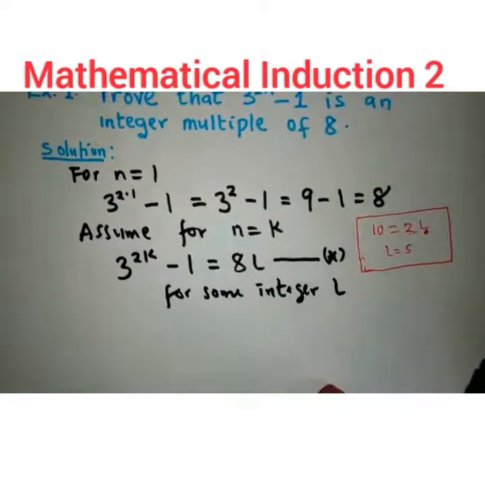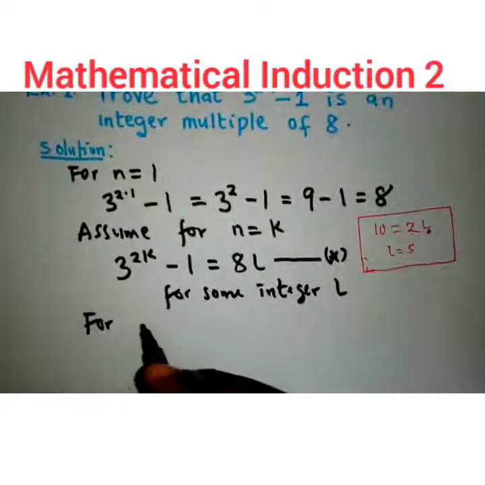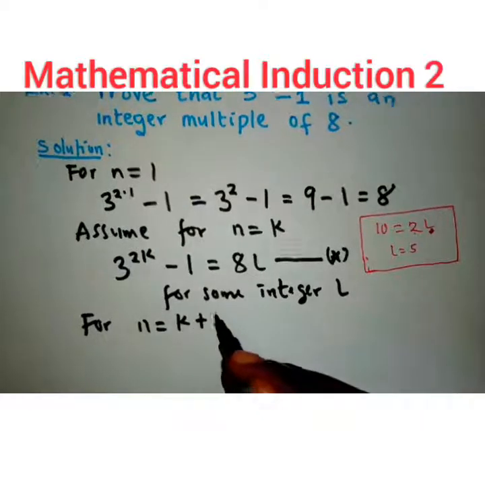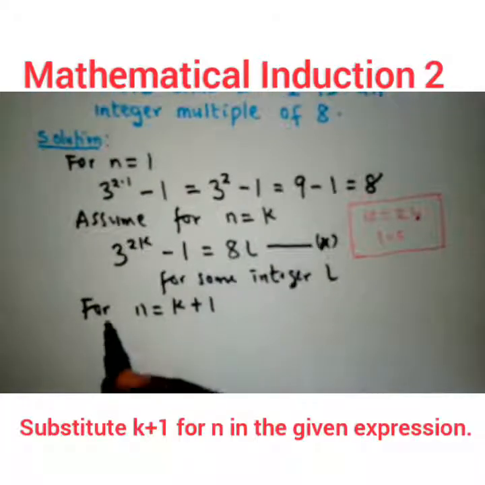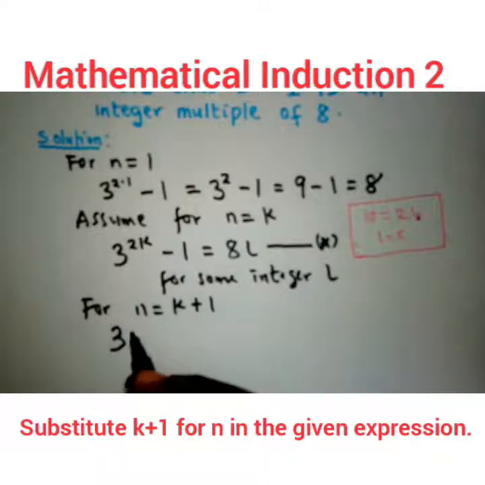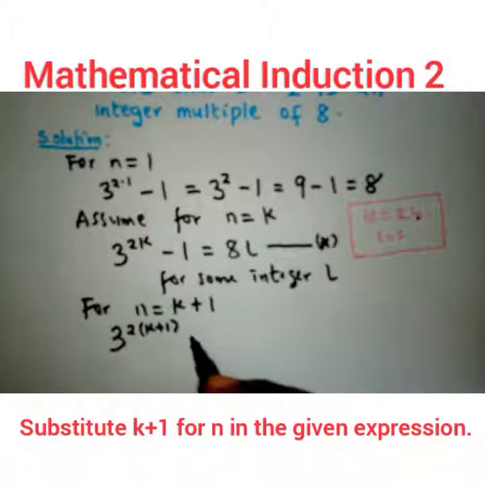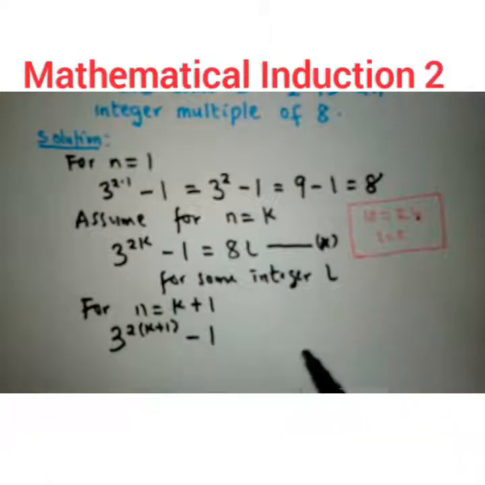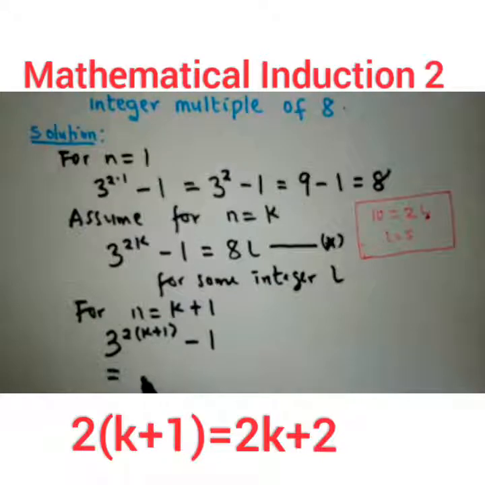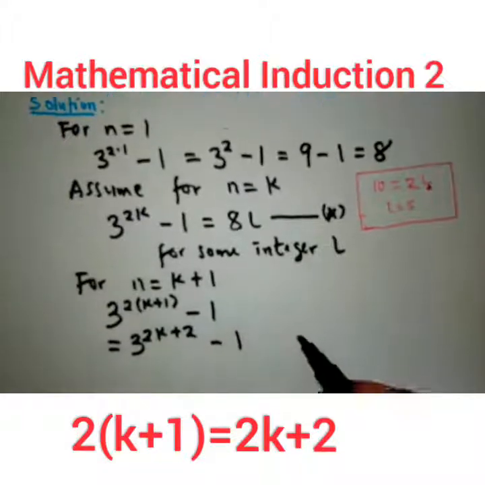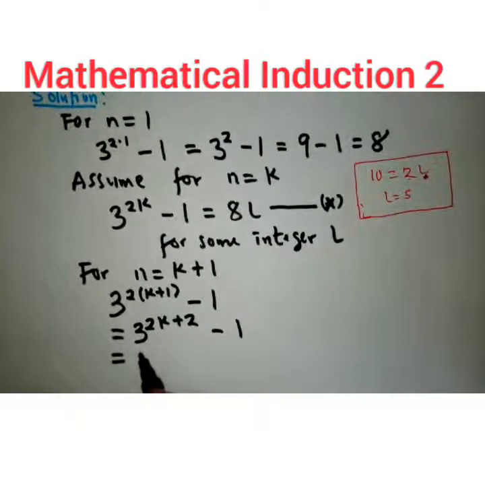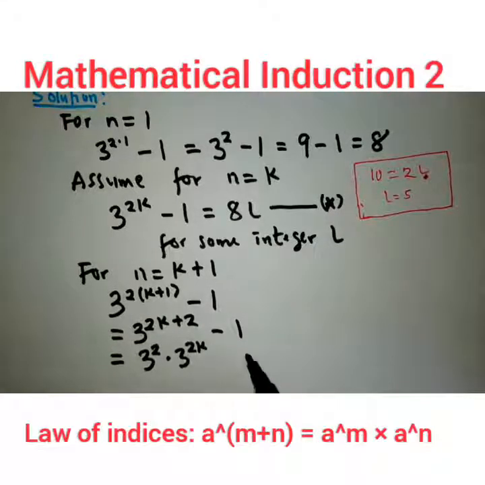Now we check that it is true for n equals k plus 1. That is, we have 3 raised to power 2k plus 1 minus 1. Now this is equal to 3 raised to power 2k plus 2 minus 1, which is equal to 3 raised to power 2 times 3 raised to power 2k minus 1.